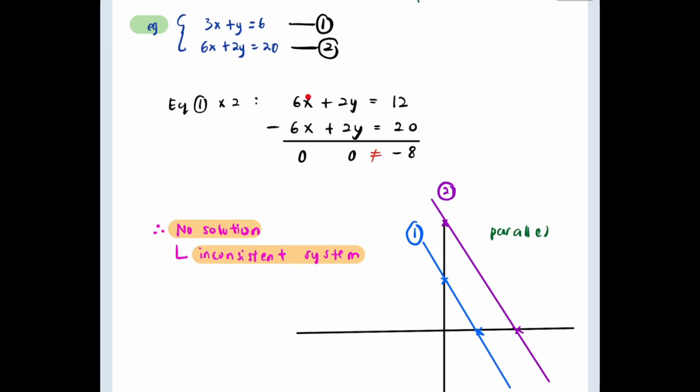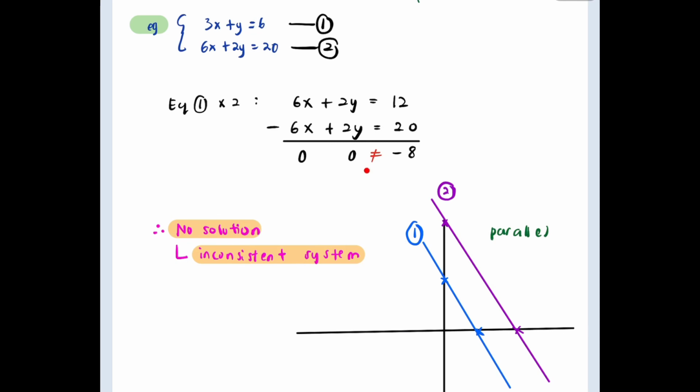Now let's eliminate x here. Let's take equation 1 minus equation 2. So 6x minus 6x is 0. 2y minus 2y is also 0. So your left hand side is 0, equal to 12 minus 20, which is negative 8. Let's see this statement here: 0 is equal to -8.